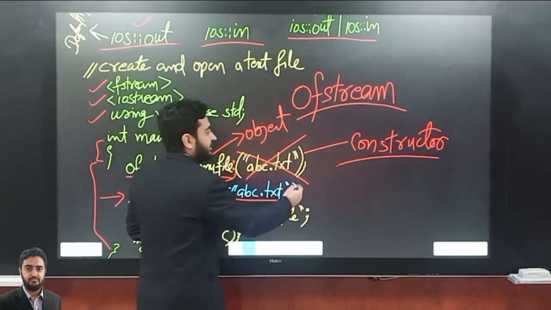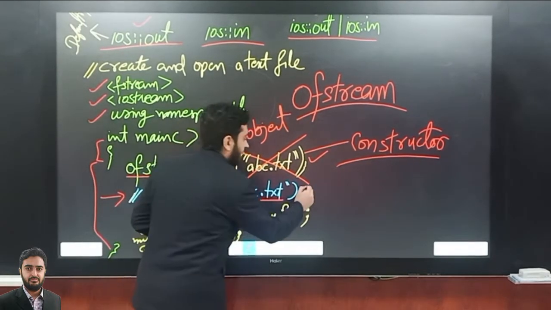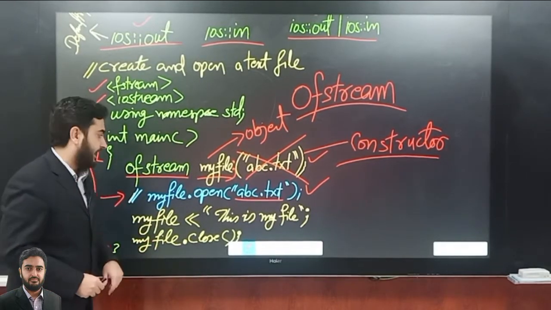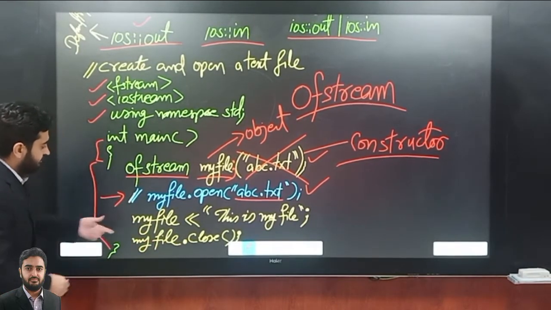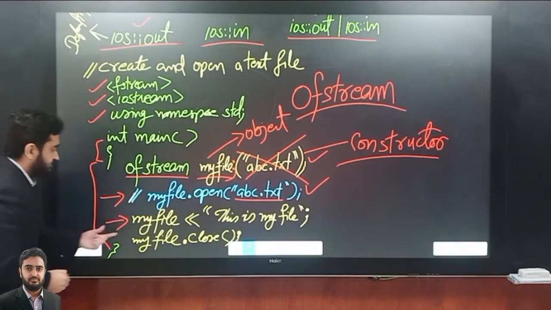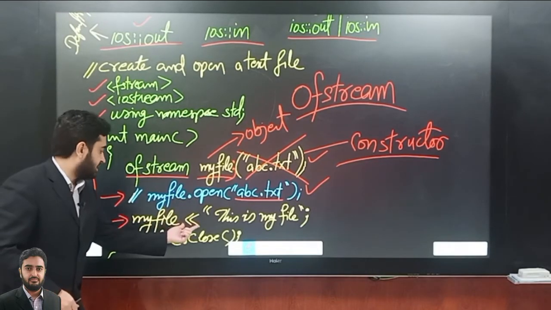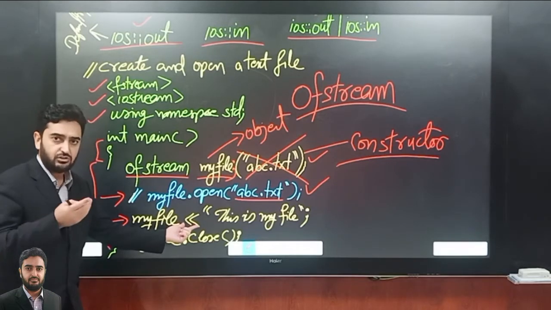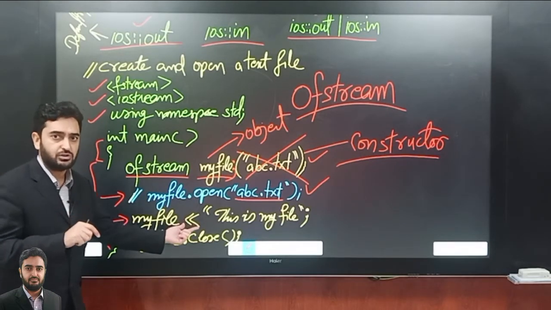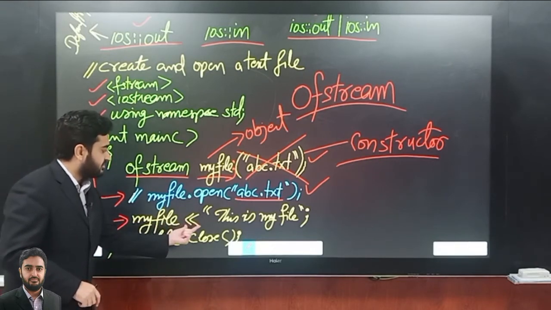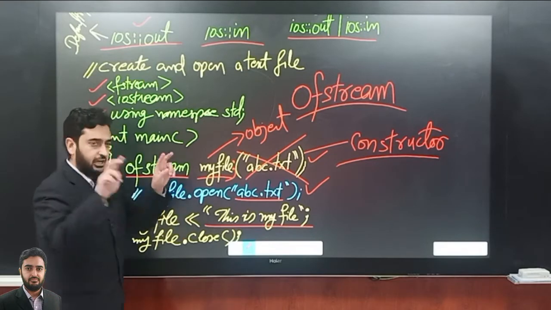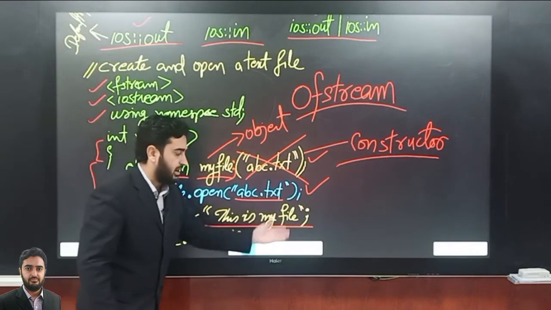So we can use the constructor method or the open function method to open a file. Then we are using the object myfile and the stream insertion operator, just like the stream insertion operator with the cout object. We are writing this statement in double quotes: this is my file.